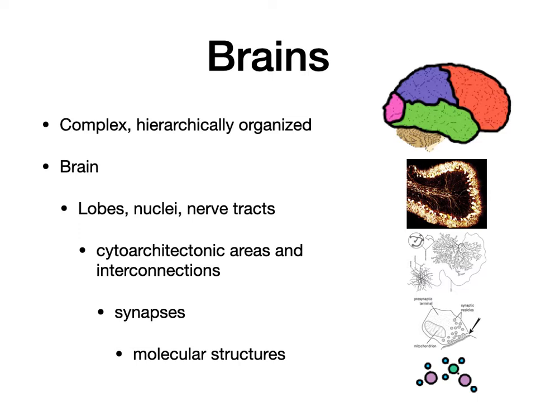Then you have cytoarchitectonic areas and the interconnections, and that's a complex word. What that means is the structures that create the lobes, the nuclei, the nerve tracts that are composed of neurons. And then you have the synapses, and then you have the molecular level of understanding, hey, what's actually happening inside one of these neurons.